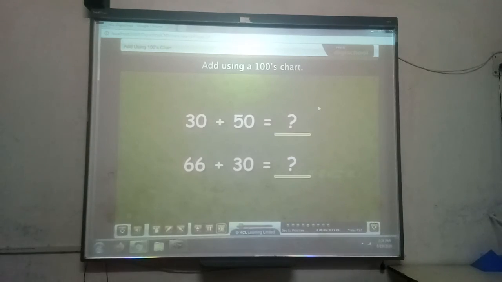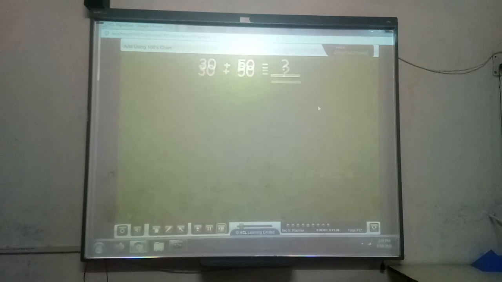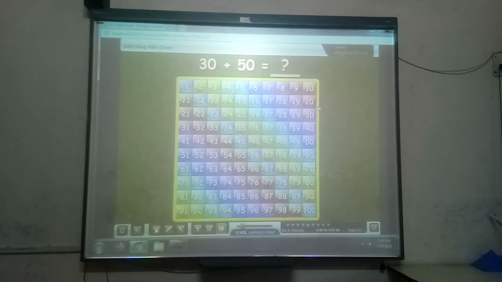Time to practice. To add 30 and 50, first locate 30 on the chart. Then to add 50, how many rows will we move down?